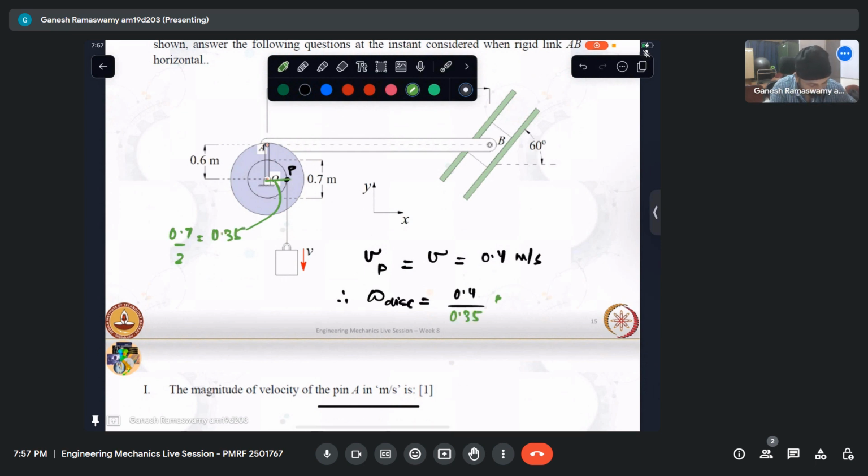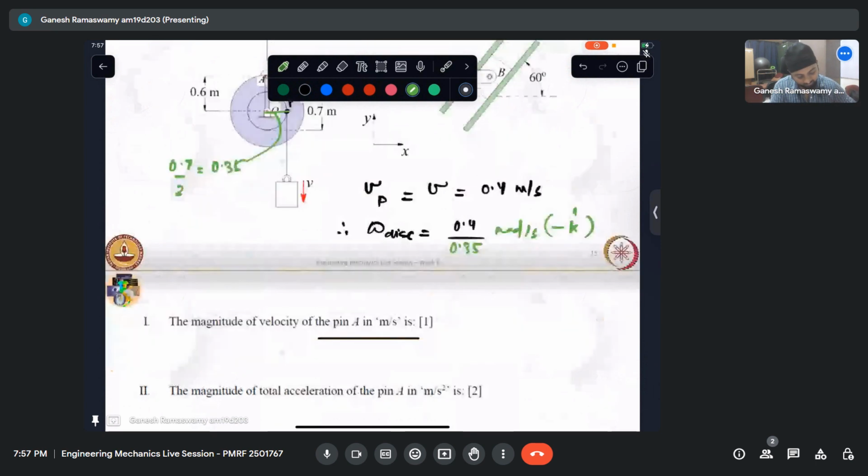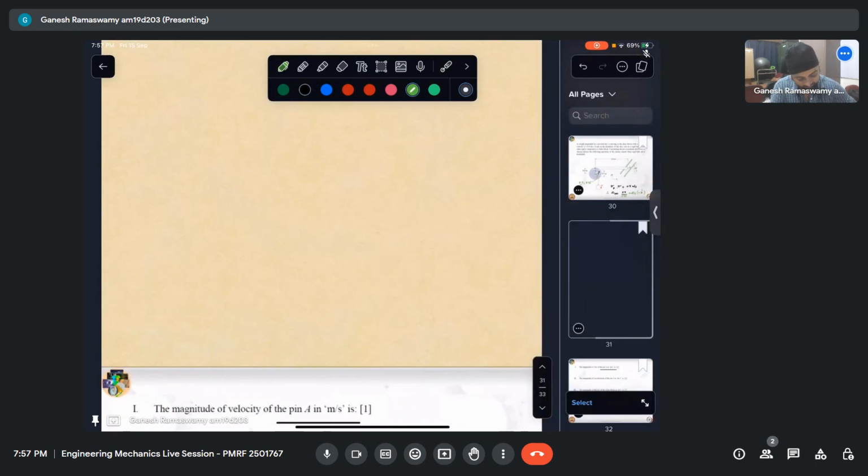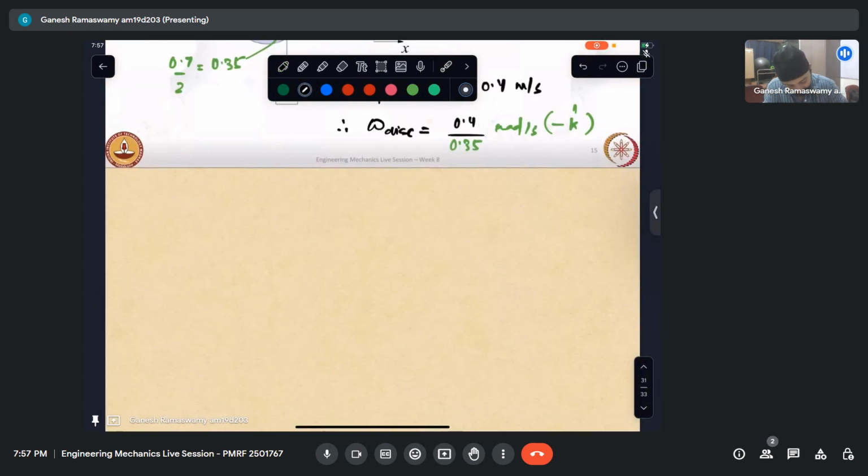Since we have been given x and y, it is rotating in the clockwise direction, so it is minus k cap. So therefore, for this question, I have omega of the disk is nothing but minus 0.4 by 0.35 k cap in radians per second. So this I have.